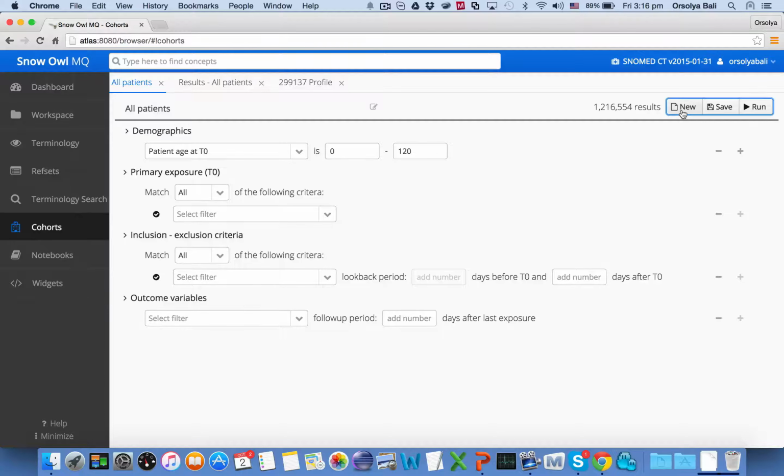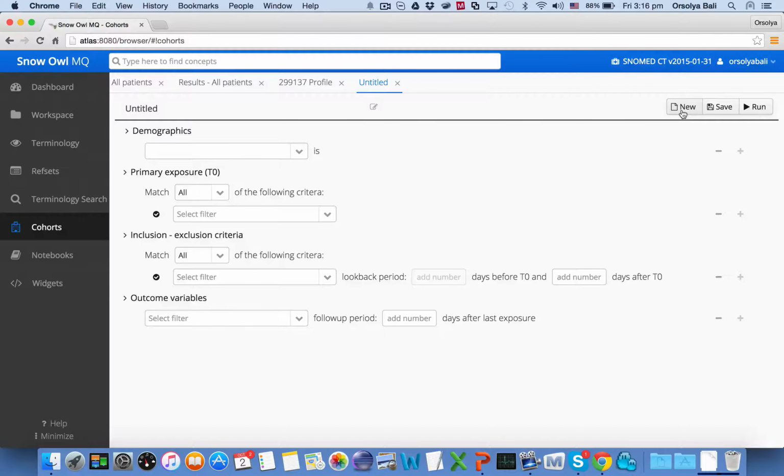On the cohorts tab, we can just create a new cohort and specify the search criteria that we would like to apply on our patient population. So in the final cohort, we will have a list of patients that share the same characteristics, the characteristics that we defined on this page.